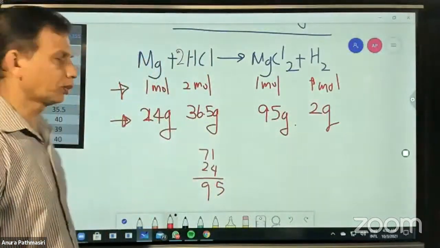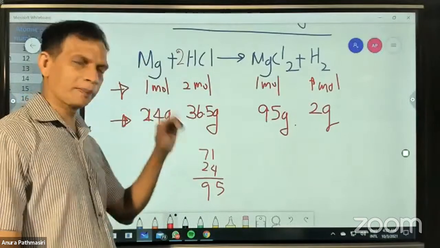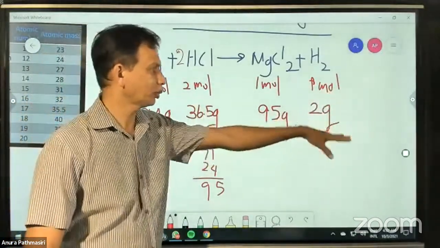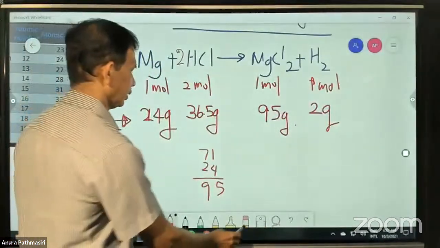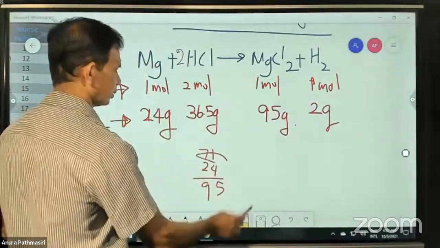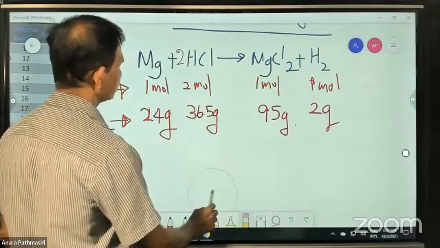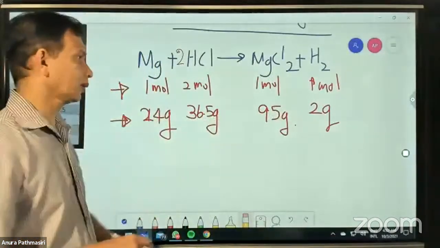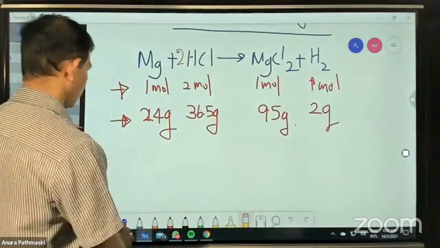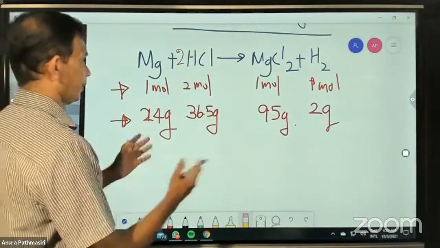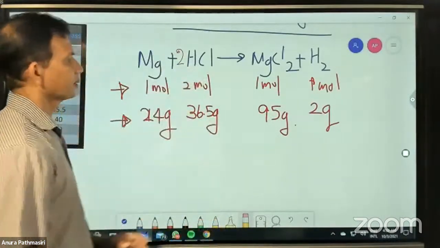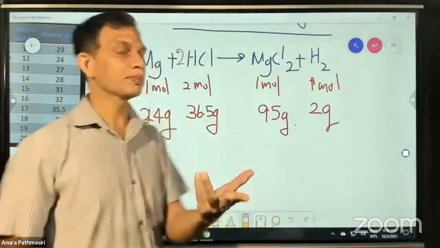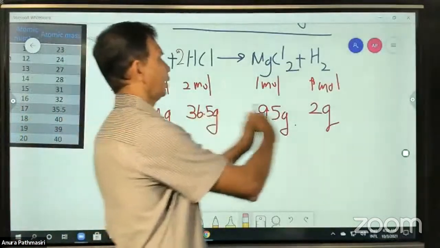If you are expressing the molar mass, you have to say 44 gram per mole, 36.5 gram per mole, 95 grams per mole. I didn't write it like that. So if you are expressing the masses that contributed in this chemical reaction, it is like this. And if you consider the amount of moles here, the masses are here. Now the question is made from there.